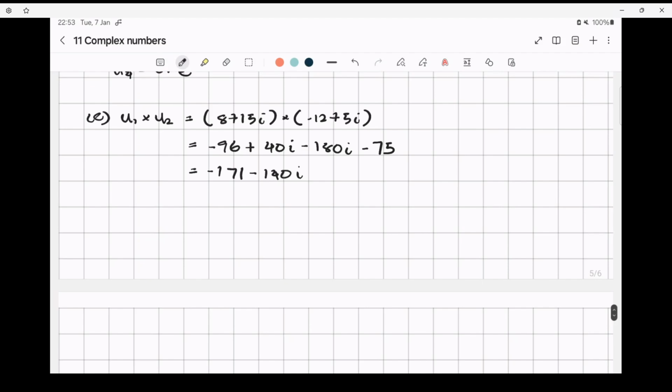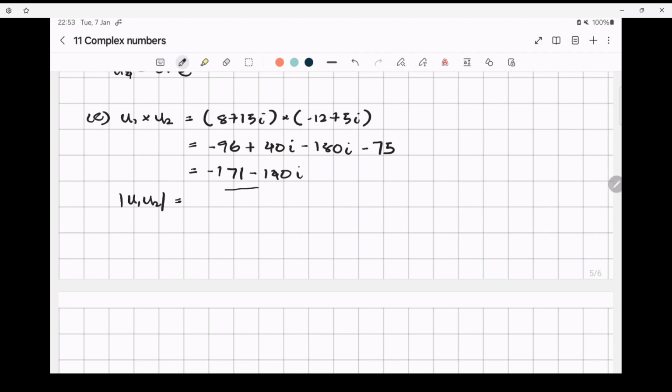Now I will show you 2 ways. Basically, because we already know that if you write in terms of x plus iy, you can do the multiplication as follows. And then if you want to convert into the polar form, you can start from here to find the modulus of u1 u2.